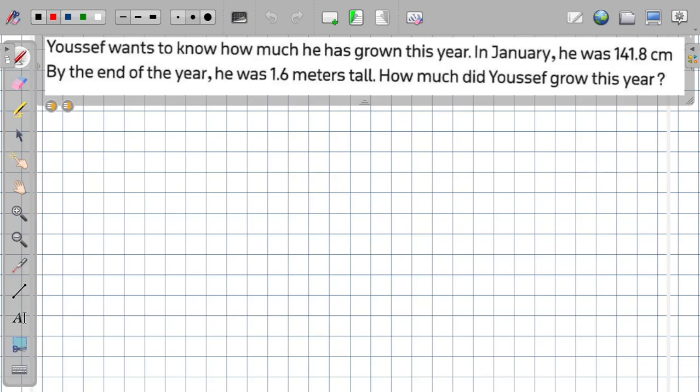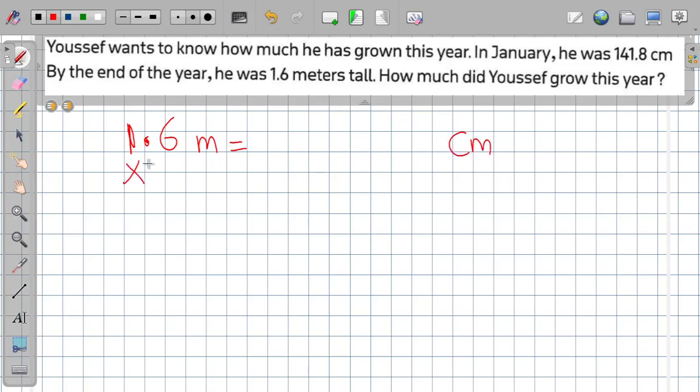Okay, so I have 2 different units, meters and centimeters. So we want to convert one to the other. The easiest one for me is to convert from meters to centimeters. So 1.6 meters equals how many centimeters?